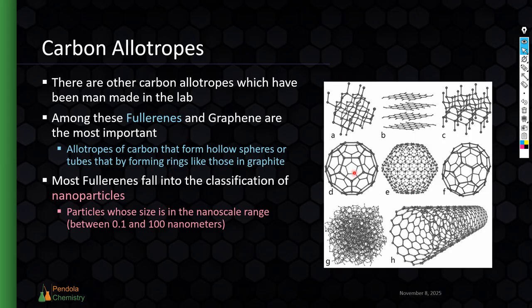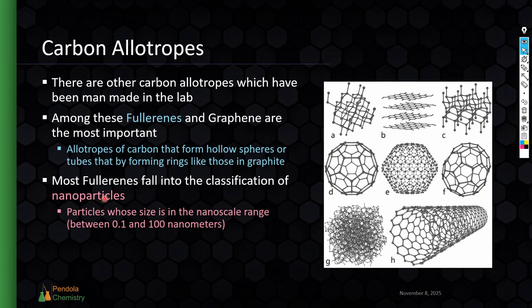Fullerenes are formed by forming ring-shaped structures, usually either hexagons or pentagons, and then forming different giant structures or bigger structures from them. Most fullerenes fall into the classification of nanoparticles. Now, nanoparticle technology and research is a very important and hot topic today in science and chemistry.